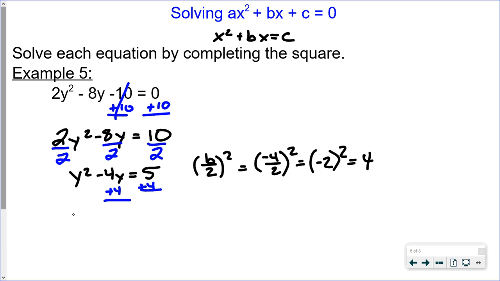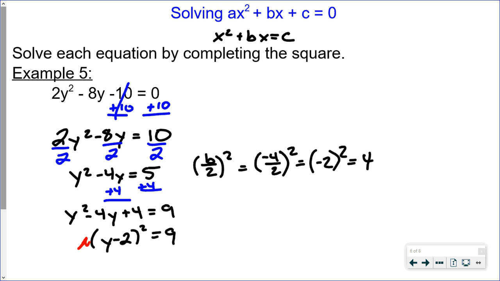So I end up with y squared minus 4y plus 4 equals 9. Two numbers that multiply to positive 4 and add to negative 4. That's going to be negative 2 and negative 2. So this will factor to y minus 2 to the second power equals 9.